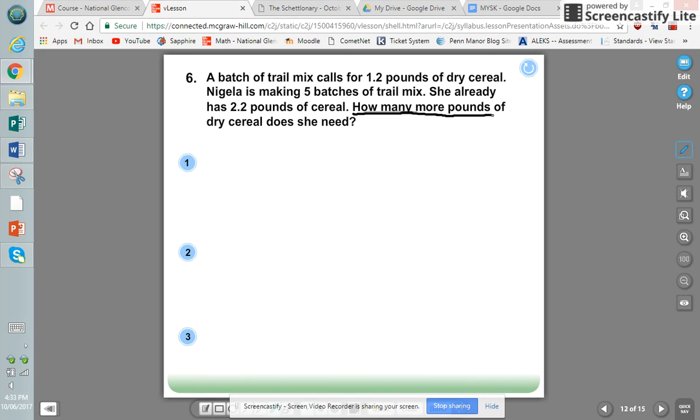I think, first of all, one batch is this much. So 5 would be a multiplication problem. I could add 1 and 2/10 5 times, but why not just multiply? We have 5 times 2 is 10. Carry the 1. 5 times 1 is 5, plus 1 is 6. Now, she's not making 60 batches or 60 pounds. She needs, let's bounce that, 6. How many more pounds? Right now, she needs 6.